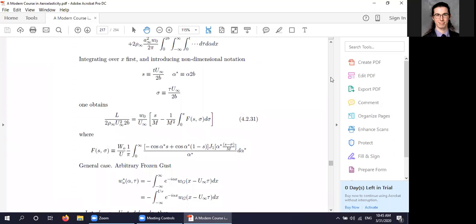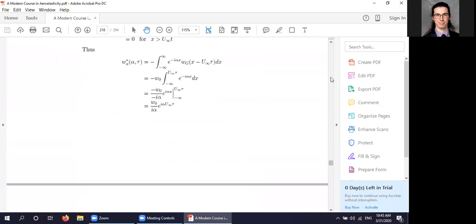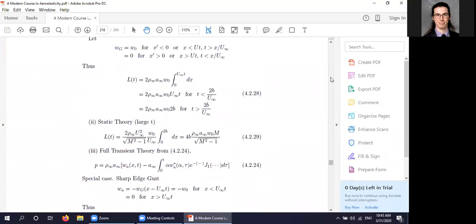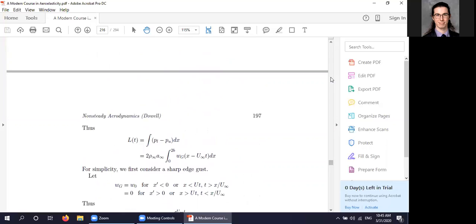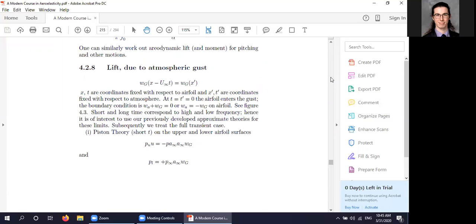There is some physics here that I want to emphasize, even though the mathematics is very much what we've already done. And we'll do this for the 2D case that we've already discussed. And then later on, you'll see how that works in 3D and also in subsonic as well as supersonic flow. Here's the idea.